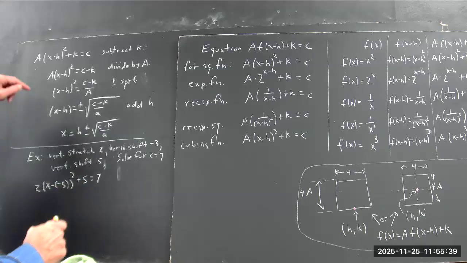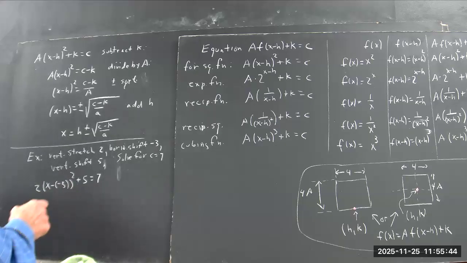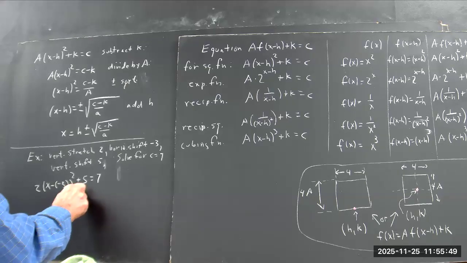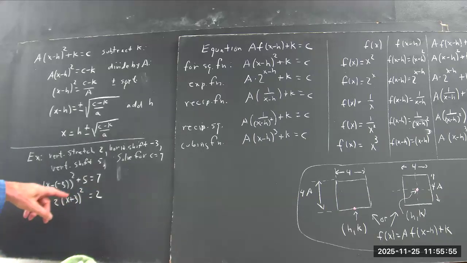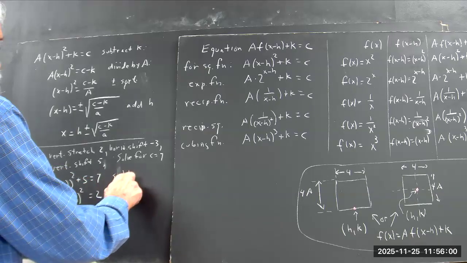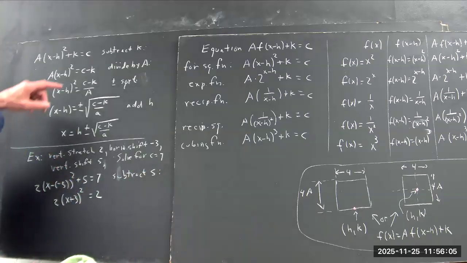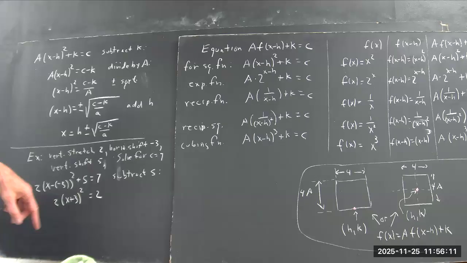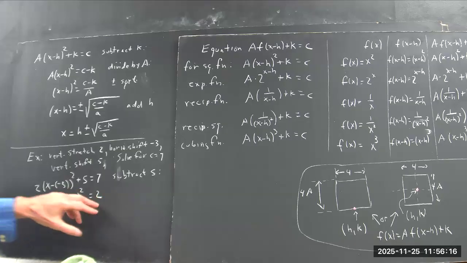What do we do? First thing you want to do is subtract 5 from both sides, right? We get 2 times x plus 3 quantity squared equals 2. Just like the first step where we subtracted k from both sides, we get c minus k. Well, c is 7, k is 5, so we get 7 minus 5 equals 2.